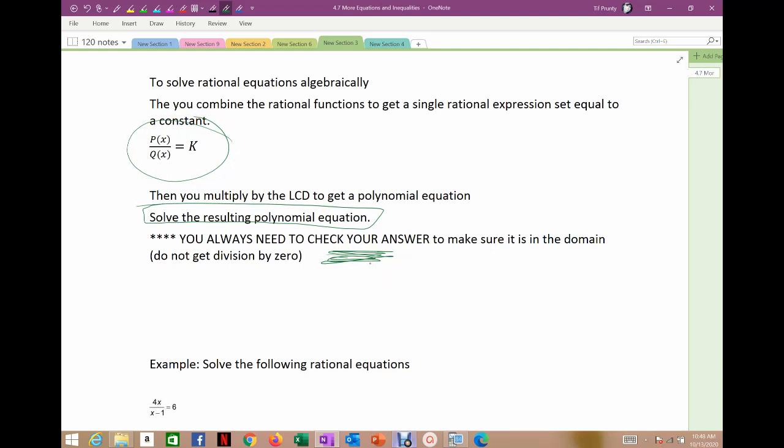They're called extraneous solutions: we got an answer to the polynomial part, but it wasn't part of the original rational part. So you always have to check that we do not get division by 0. Sometimes we have to throw them all out, and the answer is no solution, because all the solutions are either not real or cause division by 0, which I can't do.